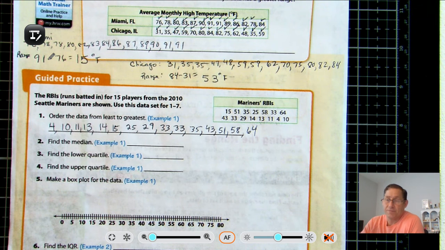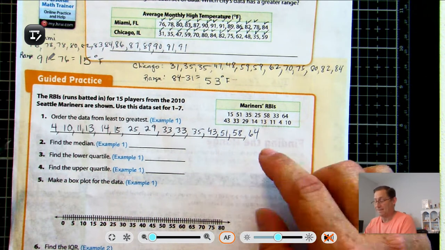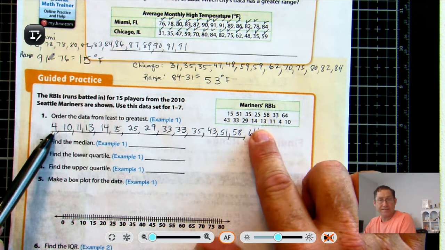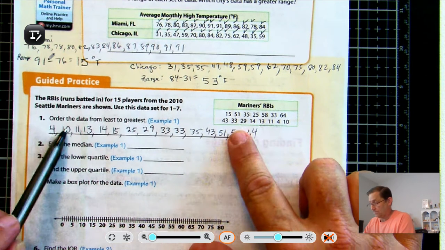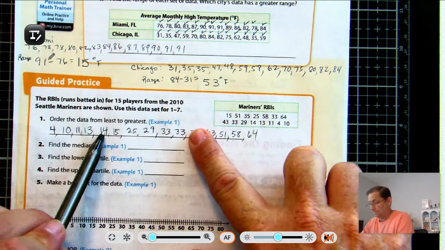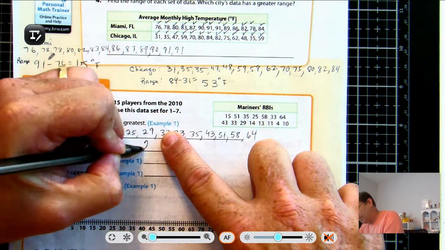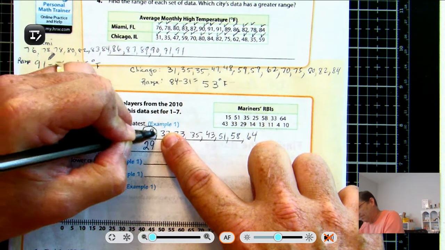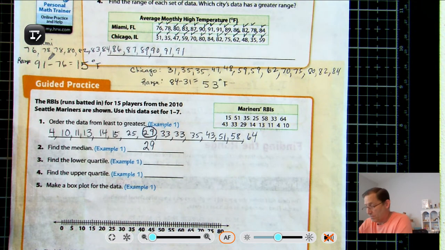Find the median. Median is the middle value. So with 15, there will be one exact number in the middle. So cross off from the ends until we get to that middle value, 29. All right, so 29 is the median value. What is the lower quartile?